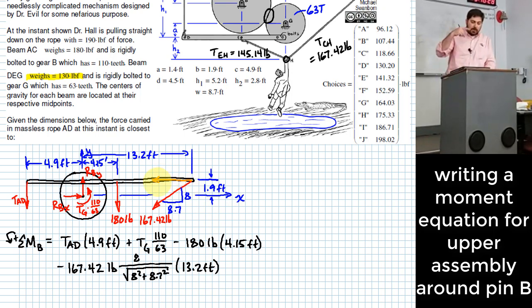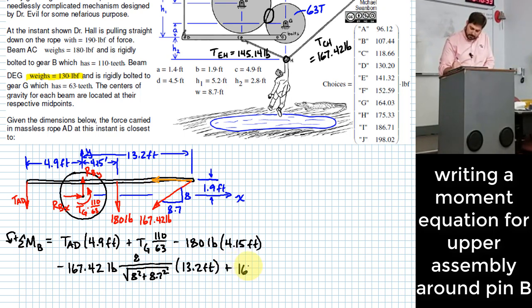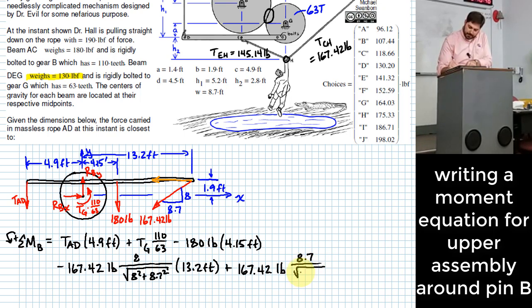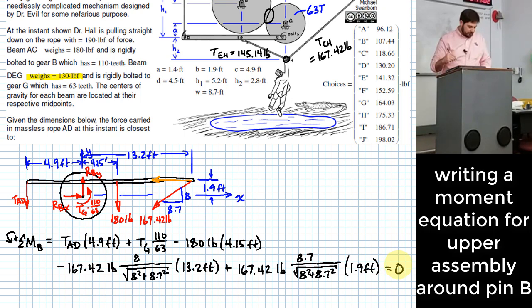It's going to have a counterclockwise tendency to rotate, so I count that as positive. 167.42 pounds multiplied by 8.7 over the square root of 8 squared plus 8.7 squared. And I multiply this by that height of 1.9 feet. Okay.